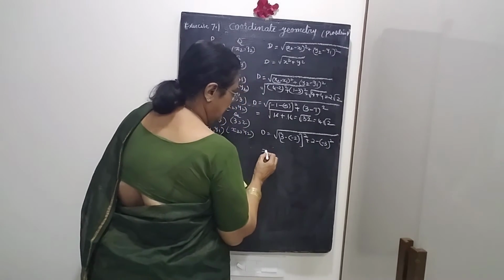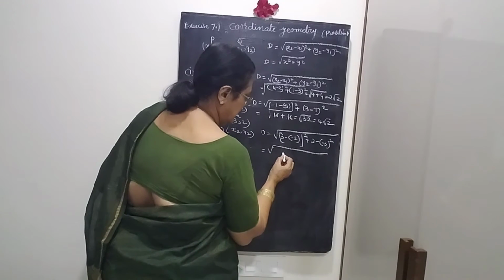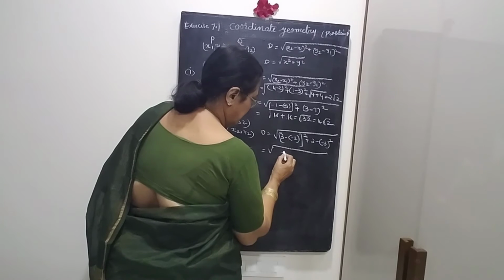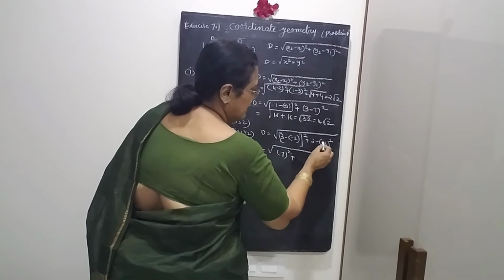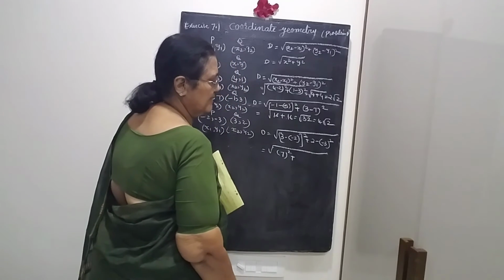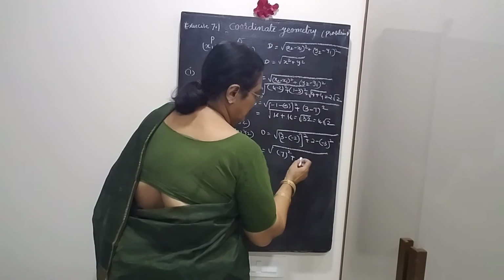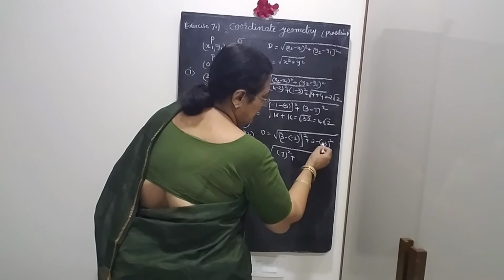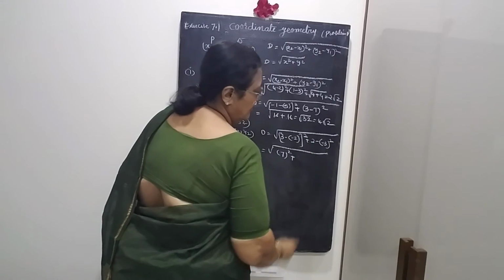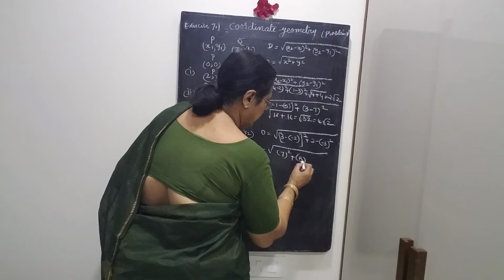That will be root of 3 plus 2, that is 7 whole square, plus minus of minus 3 is plus 3, 3 plus 2. How much? 5 whole square.